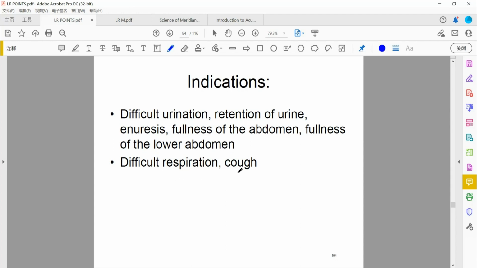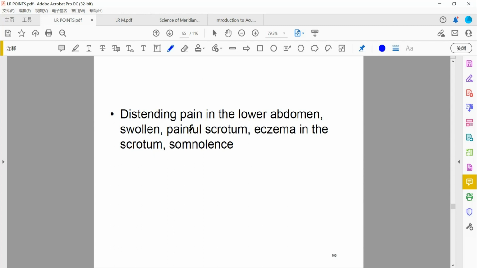Difficult respiration, cough. Dizzying pain in the lower abdomen, swelling, painful scrotum, eczema in the scrotum, somnolence. So this one, genital region, right? The meridian goes to the genital region. At this point, it's close to the genital region.